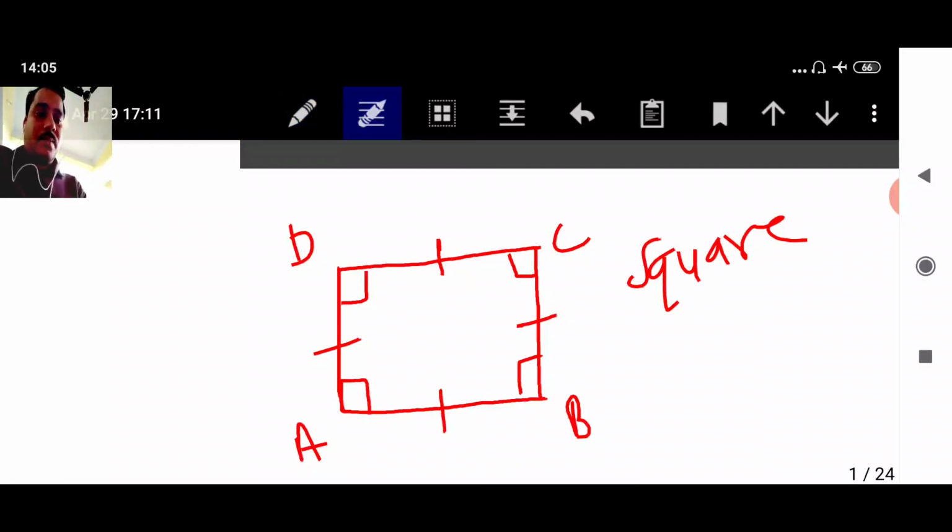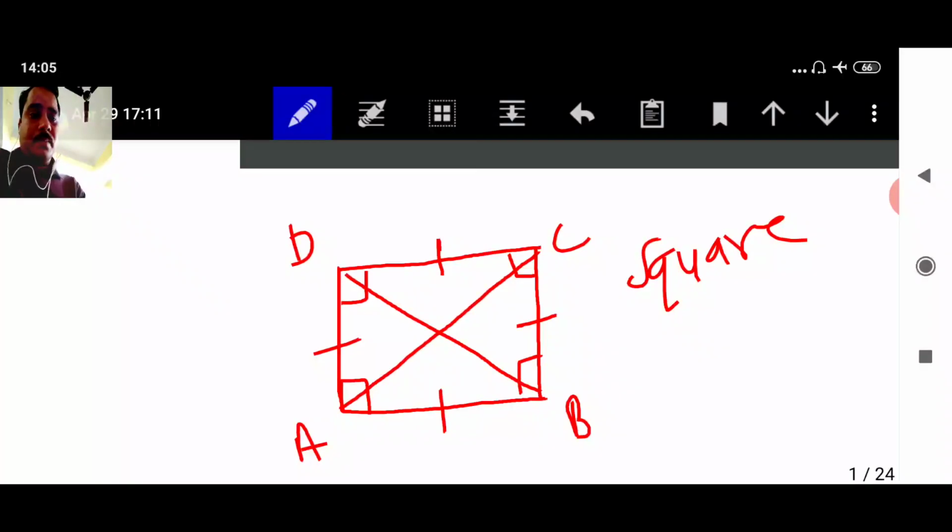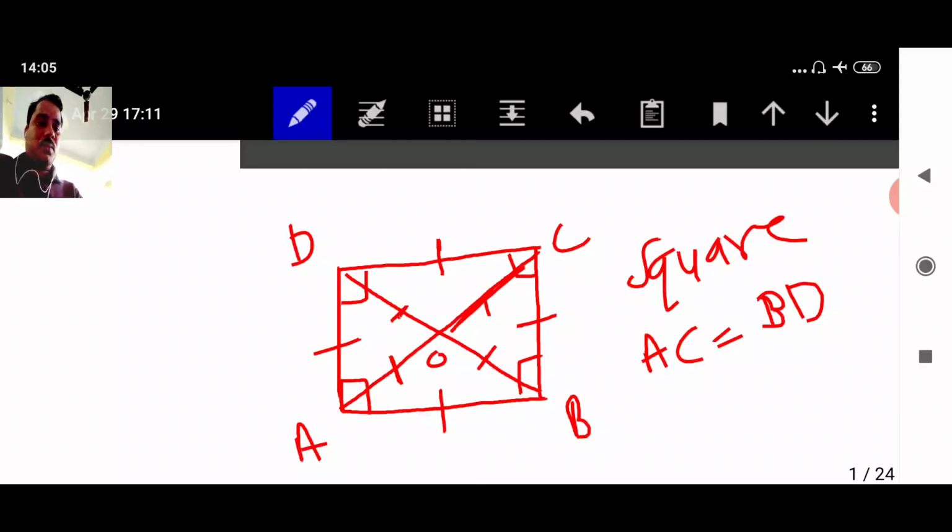Both diagonals are of equal measurement, meaning AC equals BD, and both diagonals bisect each other, meaning OA equals OC, BO equals DO, and these diagonals also bisect perpendicularly.